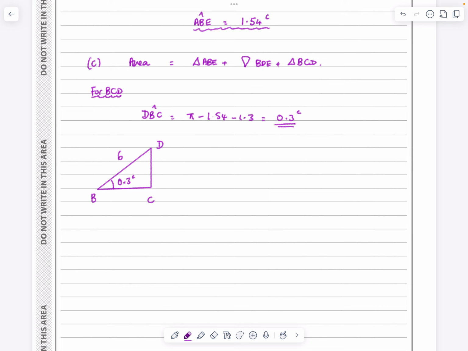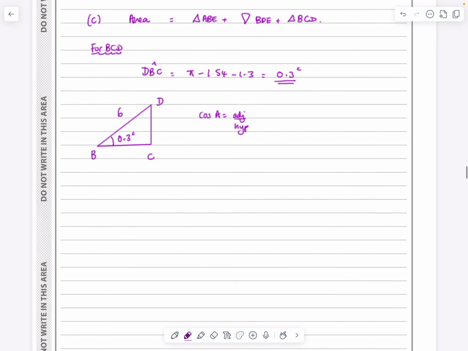If I want to work out BC, I'm going to say cos A equals adjacent over hypotenuse. I'm going to go nice and slowly through this. I know it's only worth 3 marks, but may as well not make any silly mistakes. So cos 0.3 would be equal to BC over 6. So BC is 6 cos 0.3.